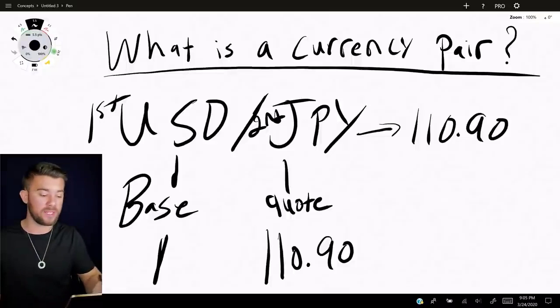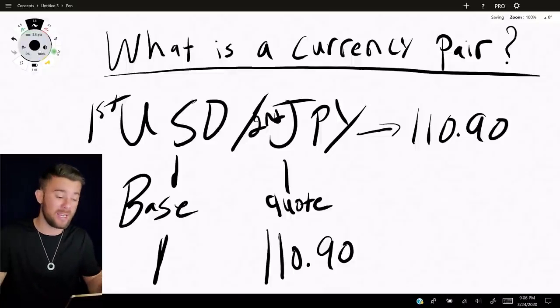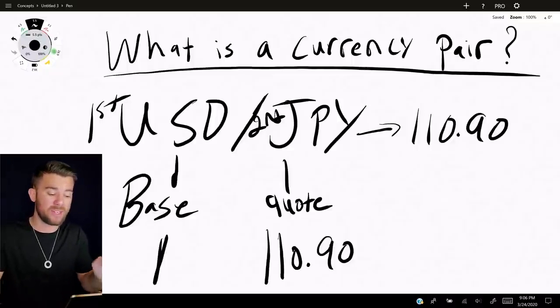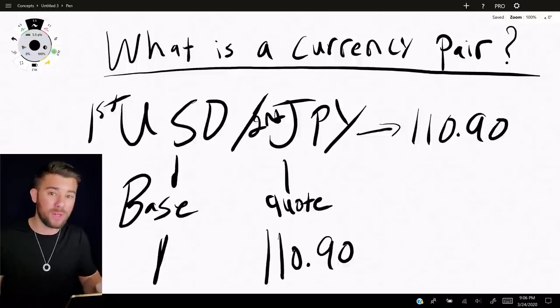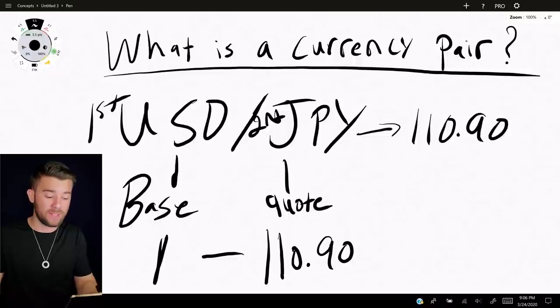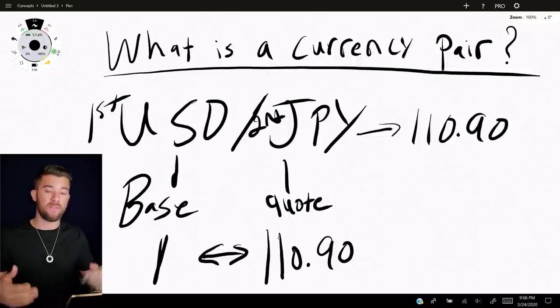So at this point, we can see that $1 is equal to 110.90 yen. If you have 110.90 yen, then you essentially have $1 and vice versa.